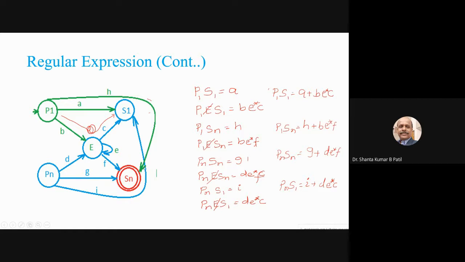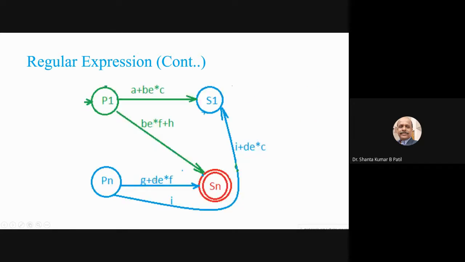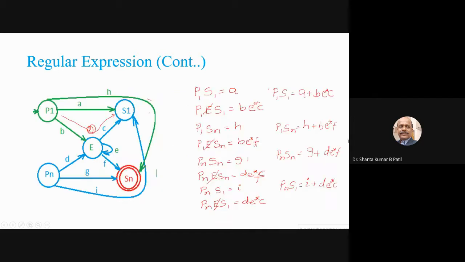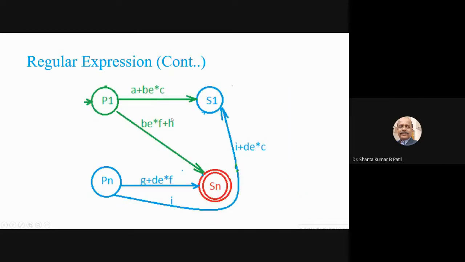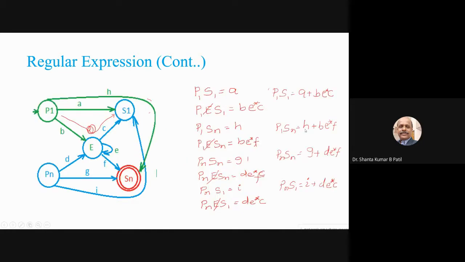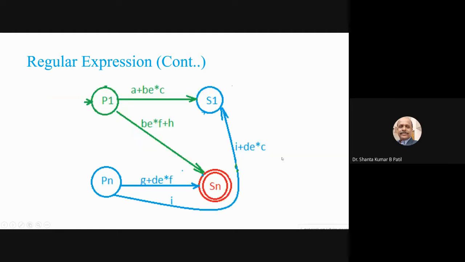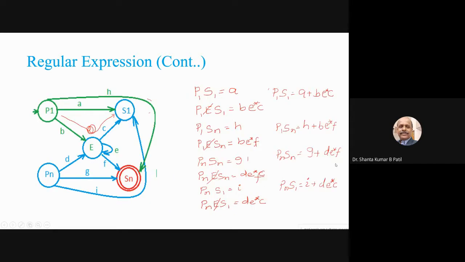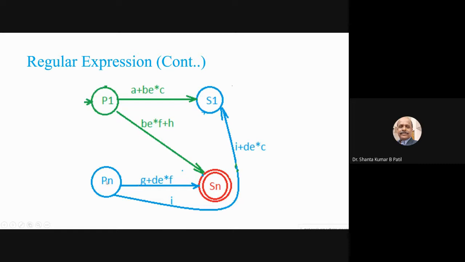Okay, the figure looks like this with the transition C. After eliminating state in between P1 and S1, it is A plus BE star C. In between P1 and SN, it is H plus BE star F. In between Pn and Sn, it is G plus De star F. And in between Pn and S1, it is I plus De star C.